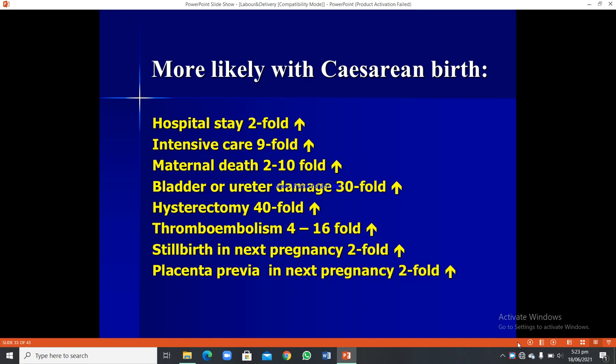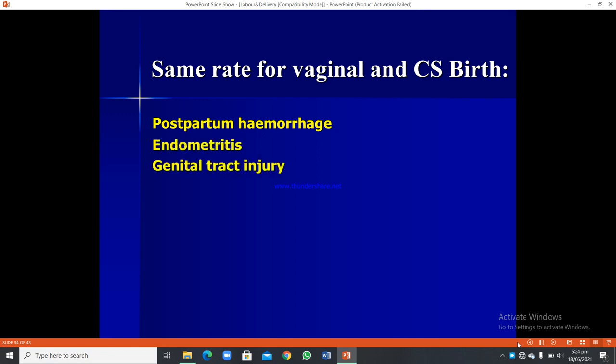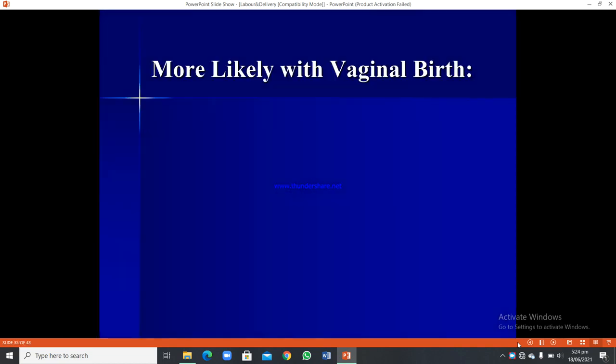placenta previa in the next pregnancy 2-fold increase, placenta accreta in future pregnancies. Same rate for vaginal and caesarean section birth: postpartum hemorrhage, endometritis, genital tract injury, fecal incontinence, postnatal depression, back pain, dyspareunia.